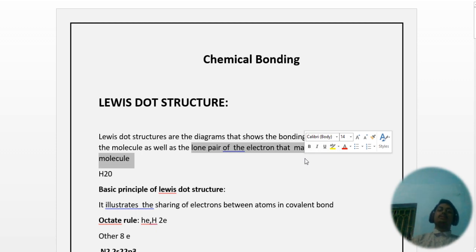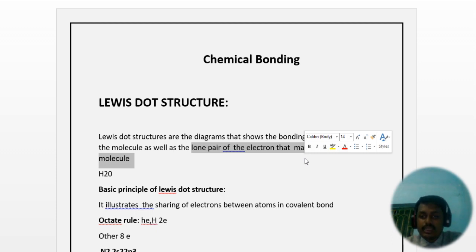We can draw the H2O molecule using Lewis dot structure. But before that, we want to understand what is the basic principle of drawing a Lewis dot structure. The basic principle of Lewis dot structure is nothing but the octet rule.